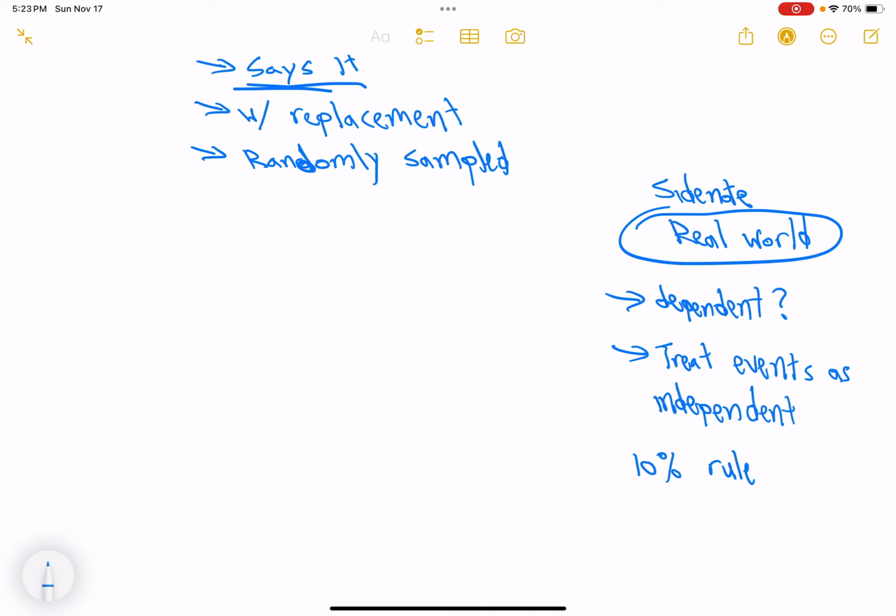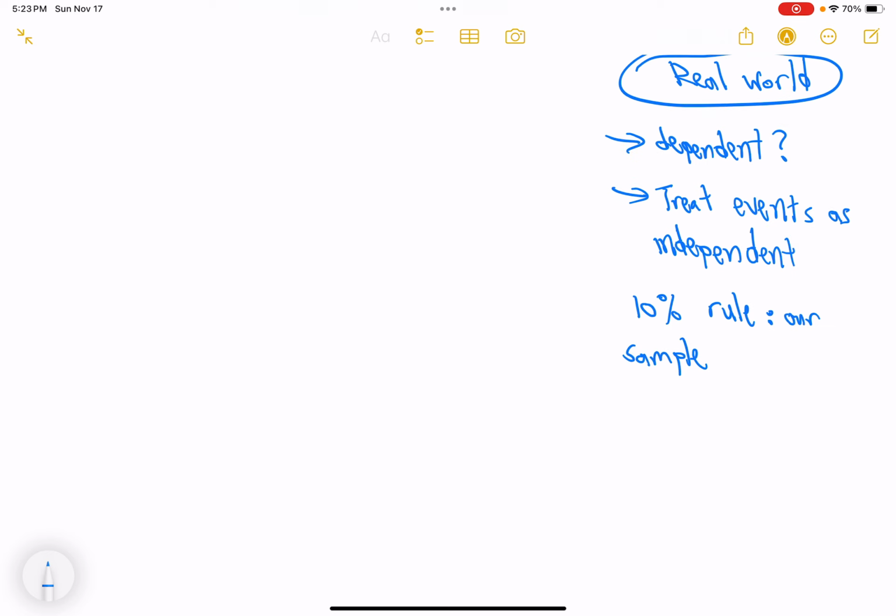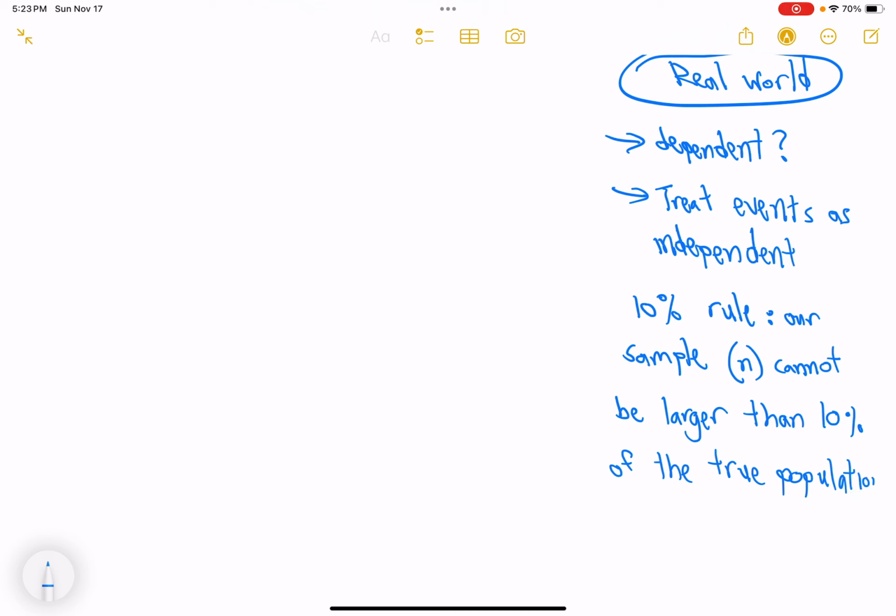All that says is that our sample size n, for our binomial distribution, cannot, and this is weird, this is like the opposite of the law of large numbers, be larger than 10% of the true population.